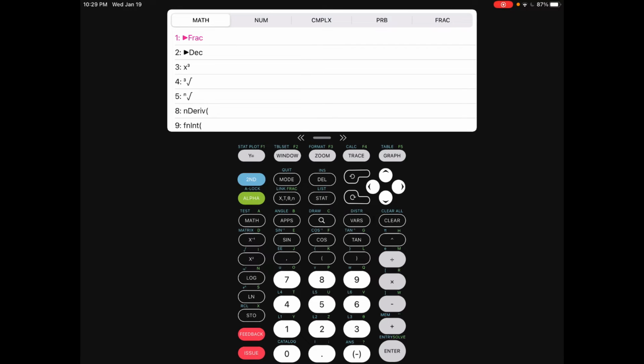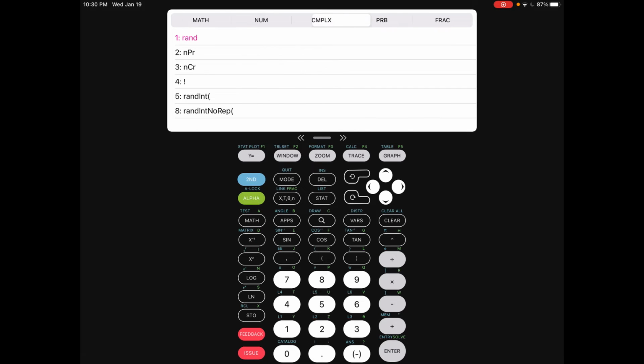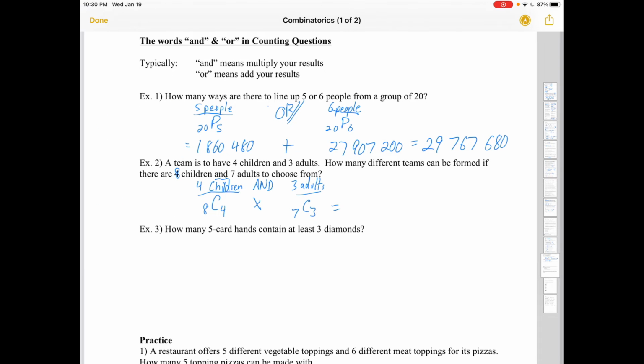So math, PRB, nCr, 8 choose 4, times, and I'll do the same thing here again, 7 C 3, and it will work it all through for me at once. I'll get the same answer. So the answer here is there are 2450 different possible teams that can be made.